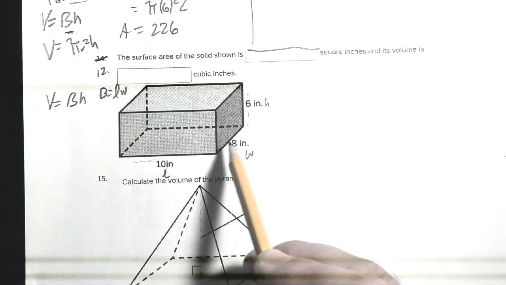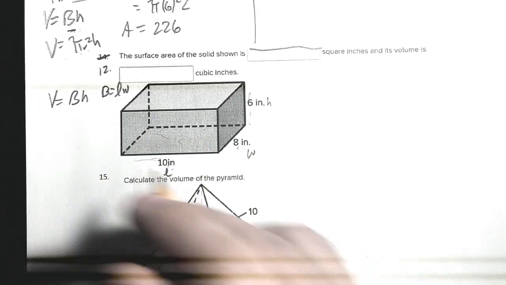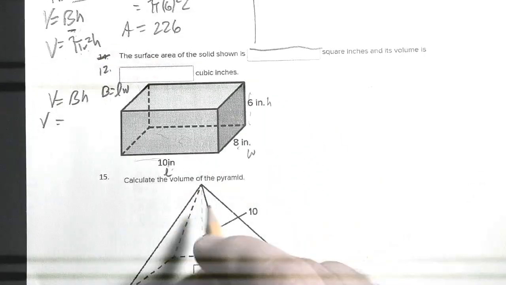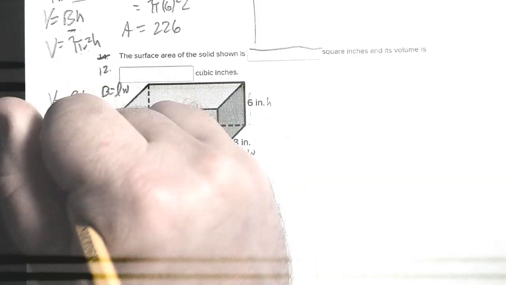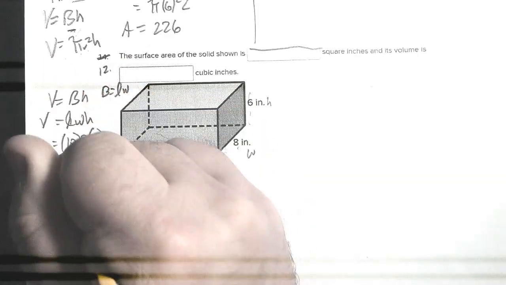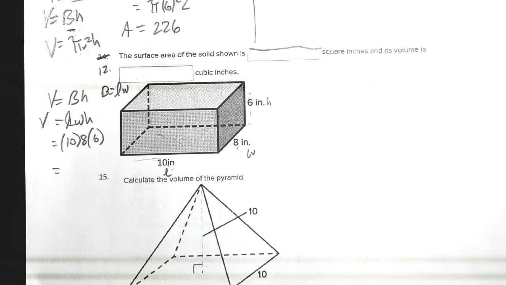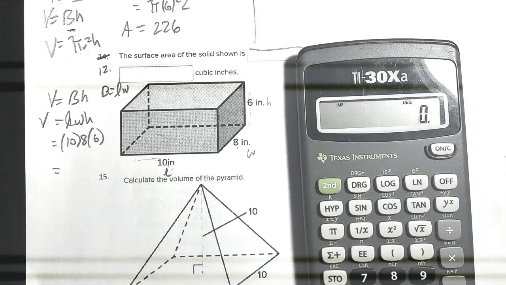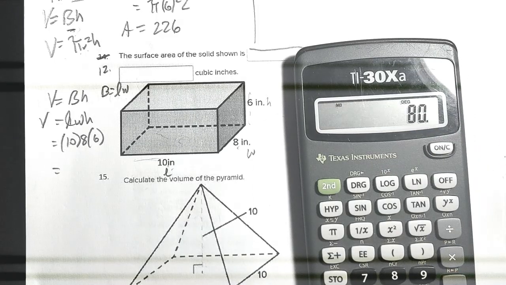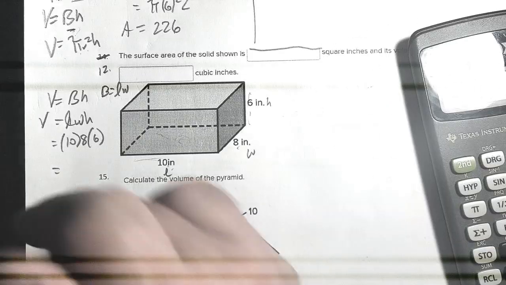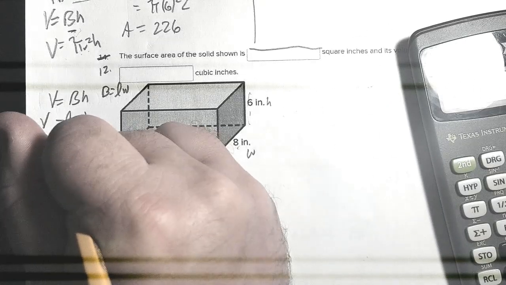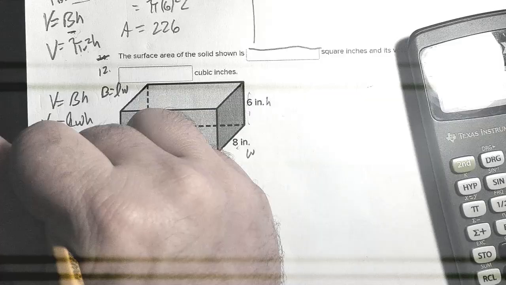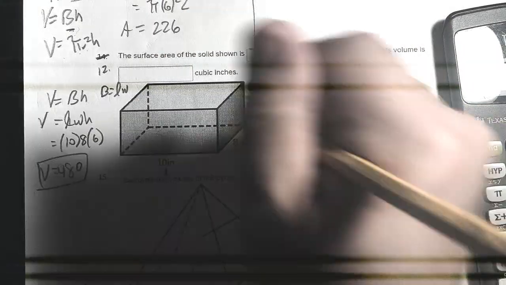And this base would be length times width. So to get all the volume, you're just going to multiply all three of those numbers. So your length times your width times your height, or 10 times 8 times 6. Where's my calculator? 10 times 8 times 6. 480. So volume is 480.